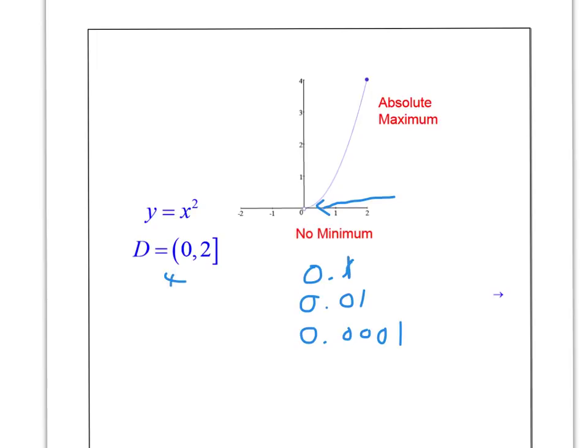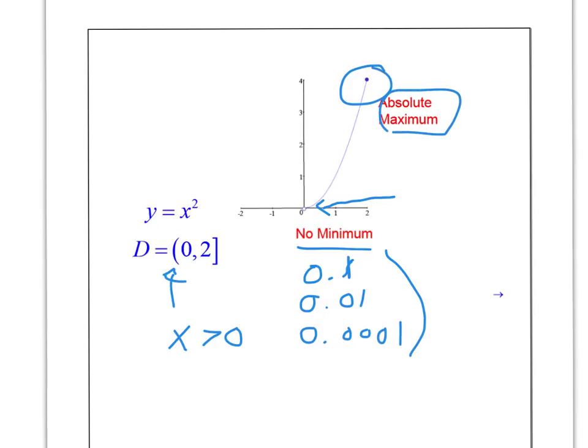Because you can't go to 0, because this doesn't mean equals 0. It means greater than. That would be like saying x is greater than 0. So if you can't really start at 0, how low can you go? I don't really know. That's why you say none. But the maximum is a closed circle right there, and it does have a maximum value of 4 located at x equals 2.